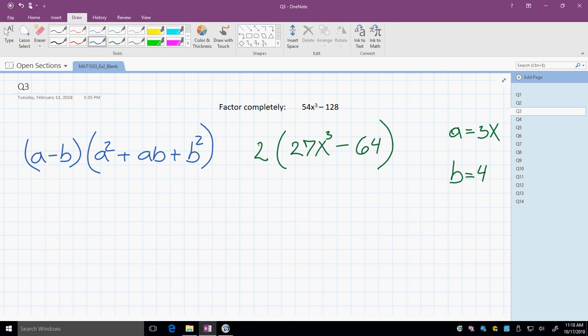That's the formula. We already checked that the number for 27 is 3 and for 64 is 4, so your A is going to be 3x and your B is going to be 4.